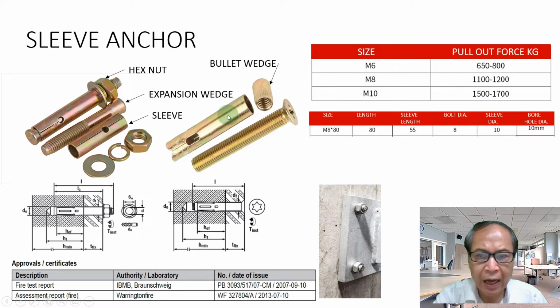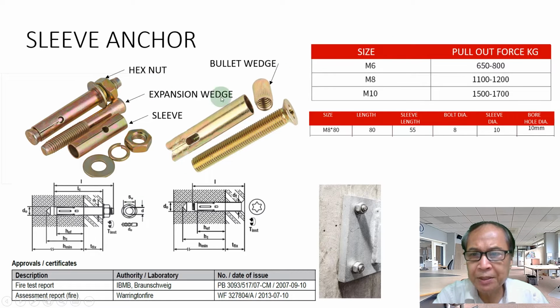This is another type of sleeve anchor. You have an additional bolt here, the bolt is screwed to the bottom here. You see the bolt here. So you expand this sleeve. The sleeve expands here, it's a wedge. This is the bolt.